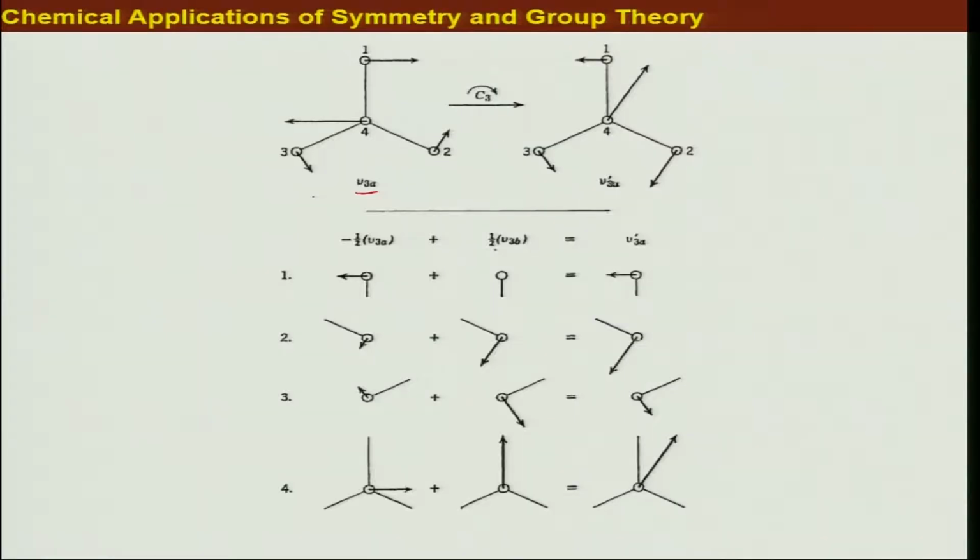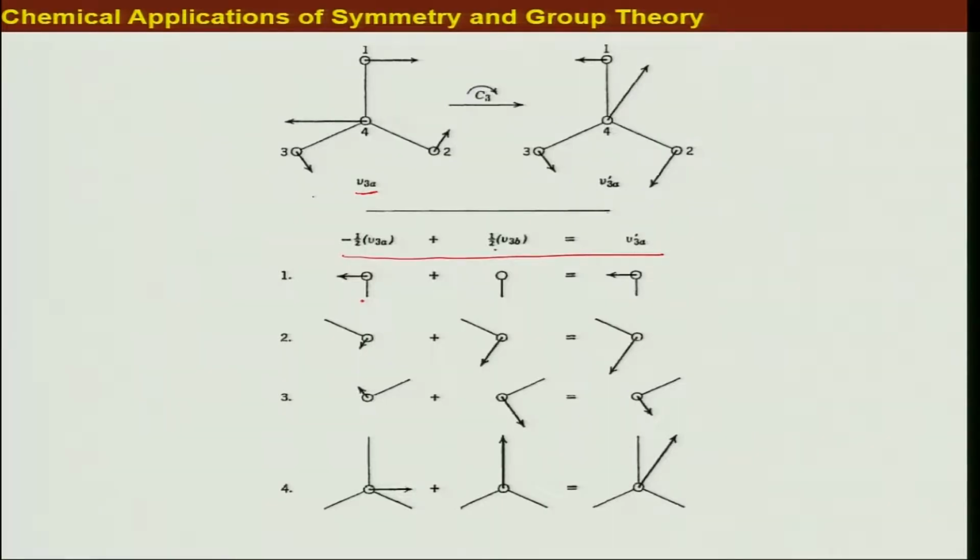Now this final structure, which we are calling nu prime 3a, how can we express this in terms of nu 3a and nu 3b? If I say that this new structure, that is nu 3a prime, is expressed in this fashion, and if we can show that and prove that, then we have proved our point. So you take a particular normal mode of vibration, so you take part of it.